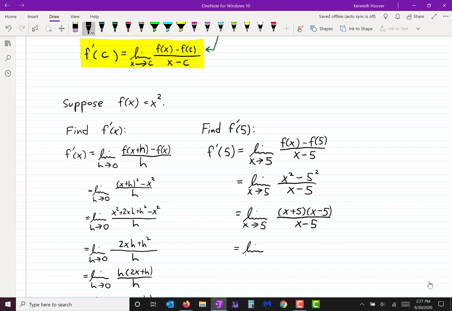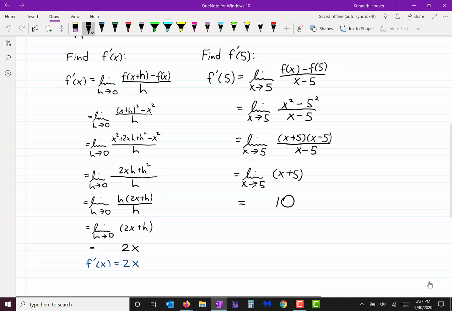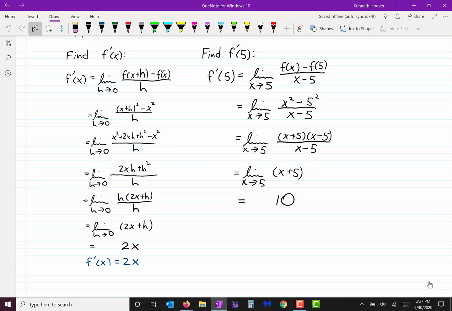So I really just have the limit of x plus 5. As x approaches 5, what would that limit be? It'd be 10, wouldn't it? You see how I can do that a little bit faster that way. So let's write that. F prime of 5 equals 10, which is of course what I would have gotten if I would have just plugged 5 into here. It's just two different ways, okay?